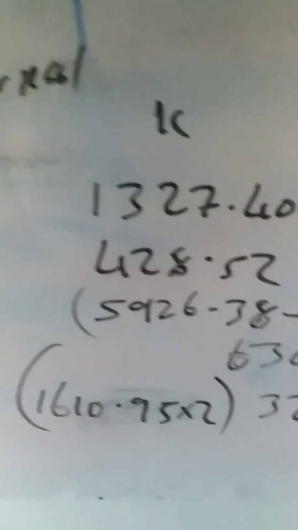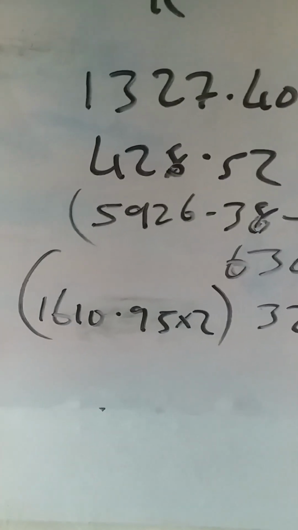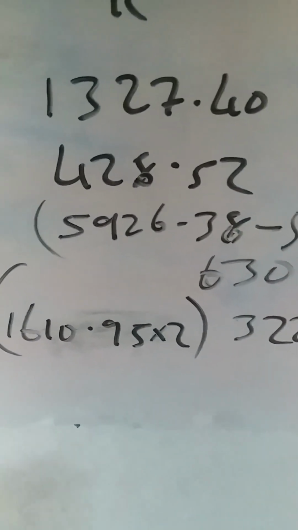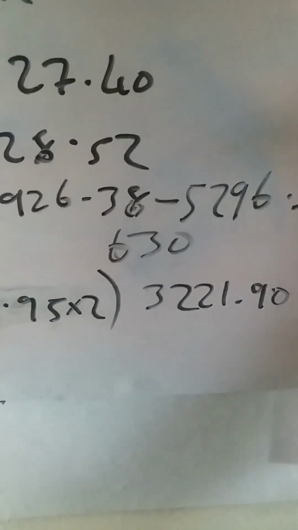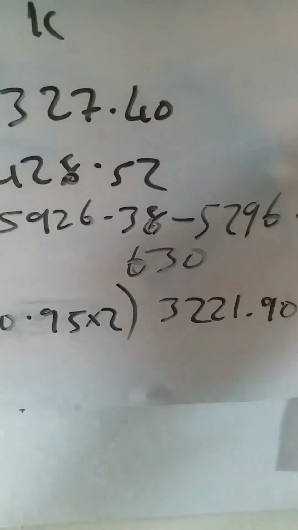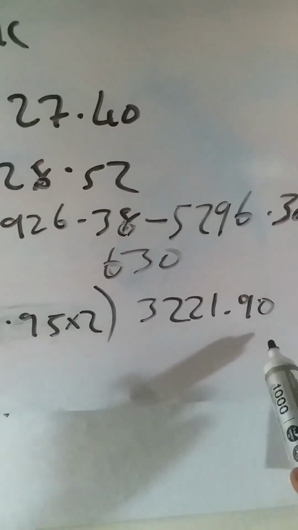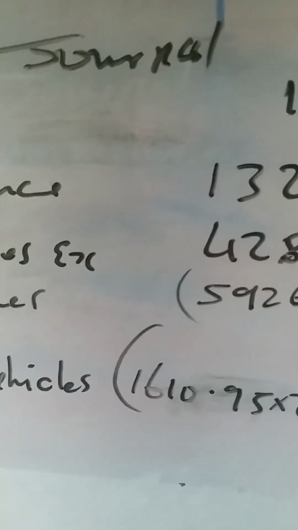This is the amount after multiplying the 1610, which was wrongly recorded in the credit. To bring it back to the debit, you have to multiply it by 2 so that half of it cancels the other which was recorded to the credit, and then half of it remains as our original amount. So in the books of accounts, we'll enter this amount in the motor vehicles account.